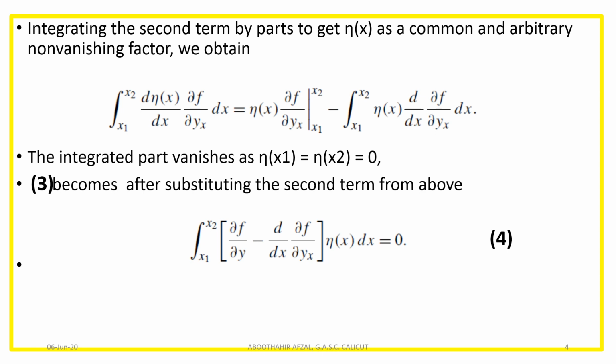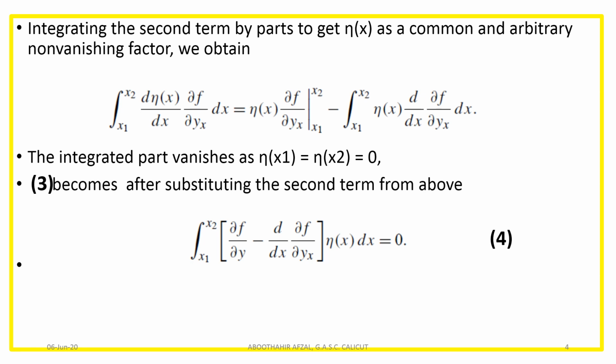Therefore this equation 3, which is nothing but ∂J/∂α, will become, after substituting the terms from the above integration by parts, integral x1 to x2 of ∂f/∂y minus, since the first term of this integration by parts vanished, the remaining is η d/dx ∂f/∂y_x.